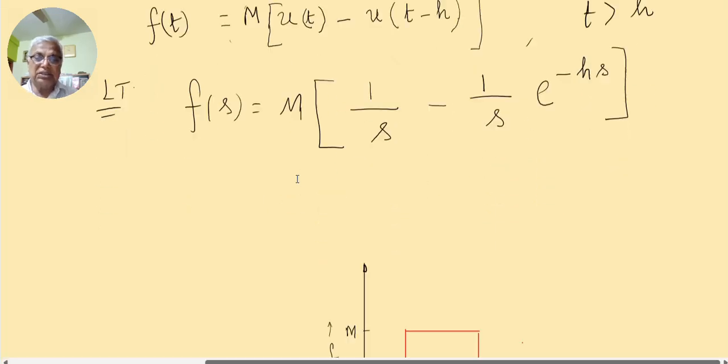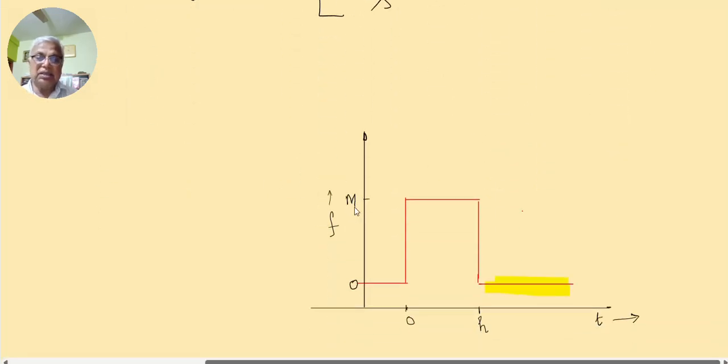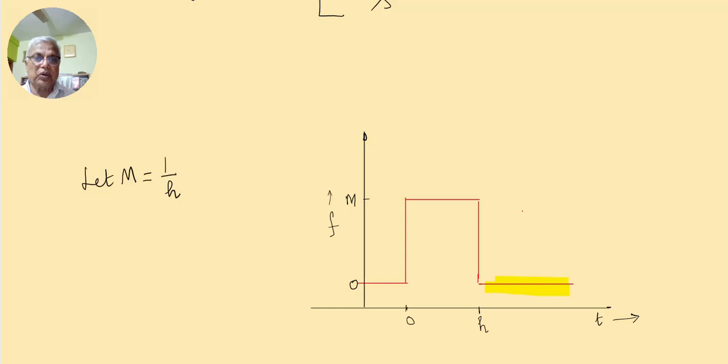Now let us imagine I take the value of m as 1 by h. h is this interval. So I take m as 1 by h.